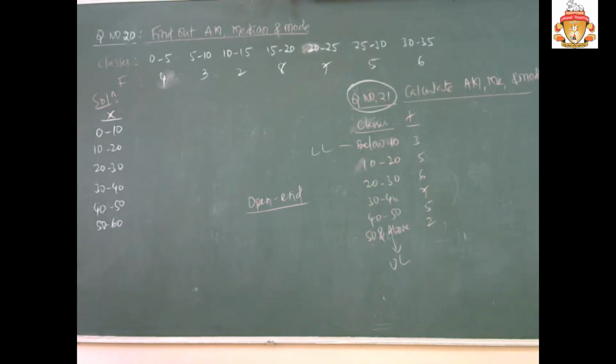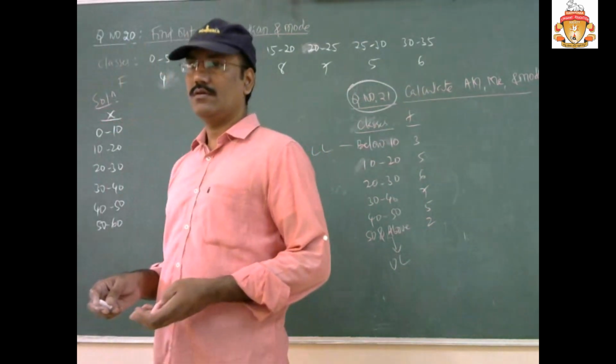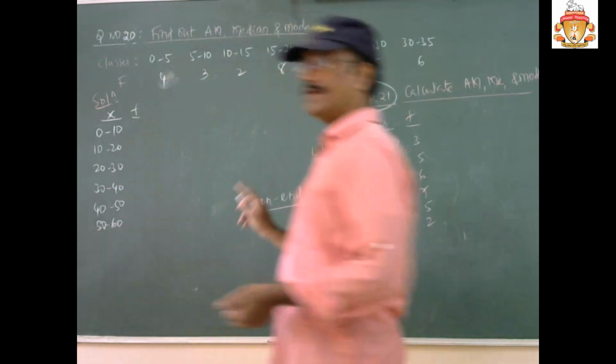This is all about the conversion of the open end class to the simple class. And after that, write the frequency. Frequency is the same.